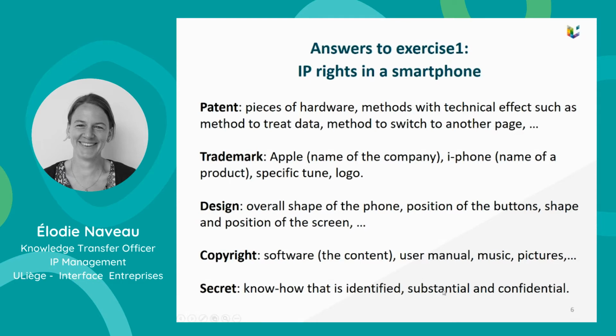It has to be substantial. So this means it should not be evident to come up to that. And confidential, so it should not be known to the public and not easily accessible to the public. So this is the way to protect the secret.